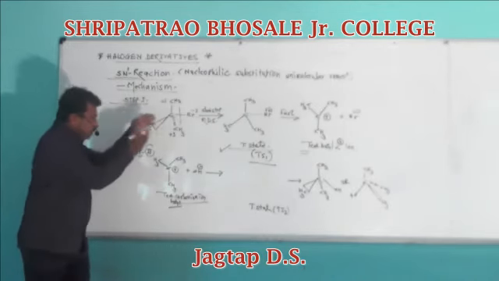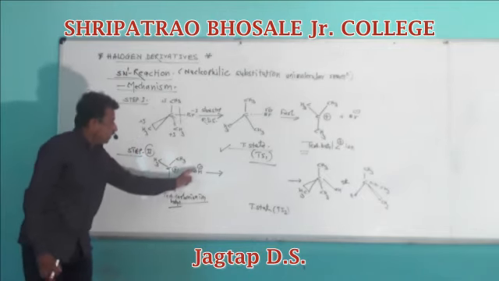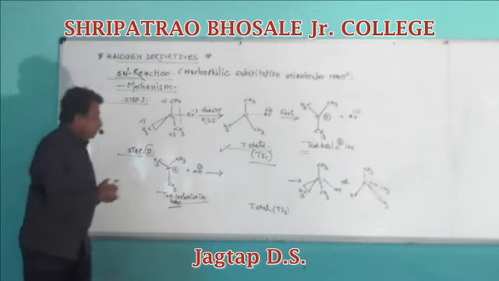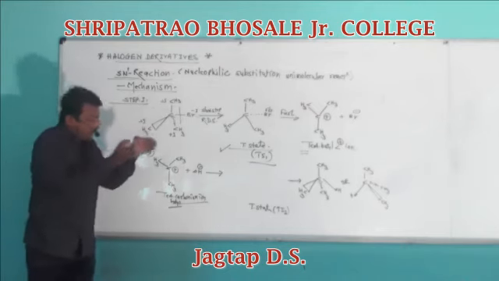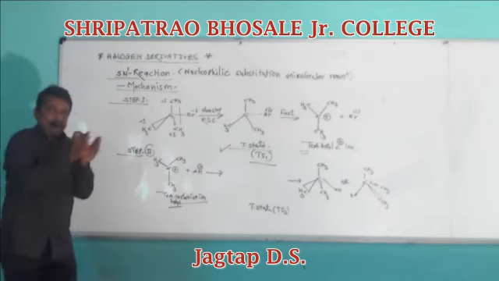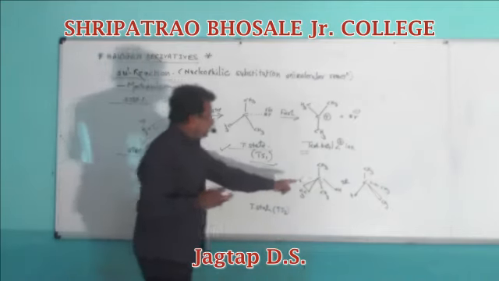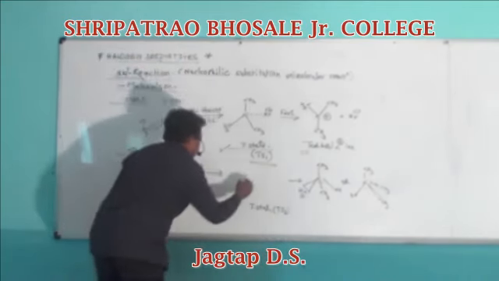Now in second step, the nucleophile OH minus approaches towards electron deficient tertiary butyl carbonium ion. It attacks on tertiary butyl carbonium ion from either side, that is from back side as well as from front side. It gives tertiary butyl alcohol through transition state.